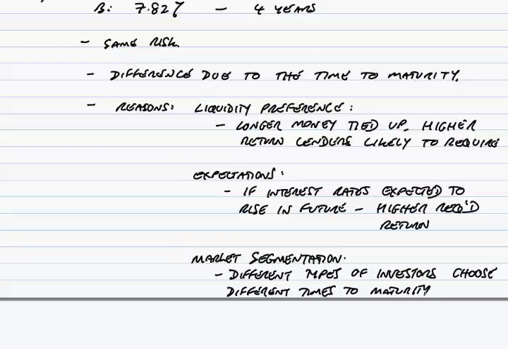What I mean there is some investors, they're only prepared to invest short term. They might prefer bond B. Other investors want to invest long term. Perhaps they prefer bond A. And these different investors, they have different required returns.